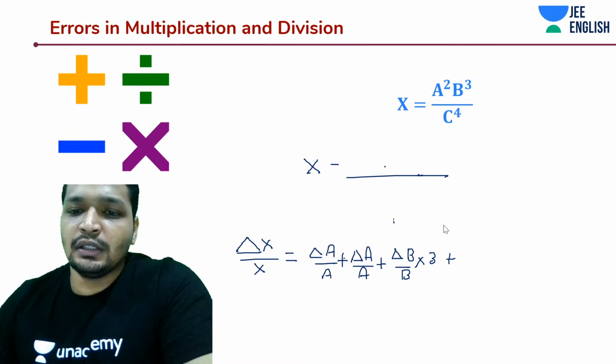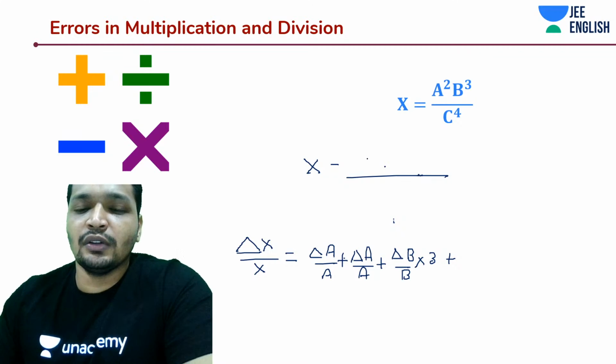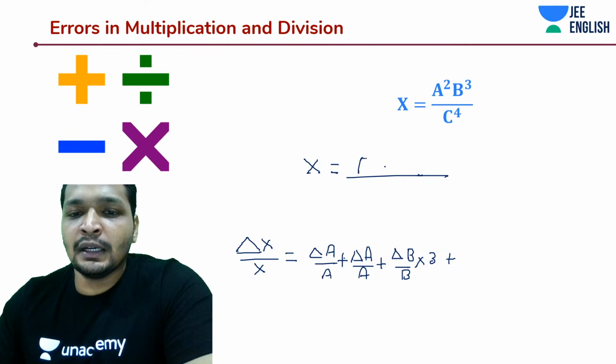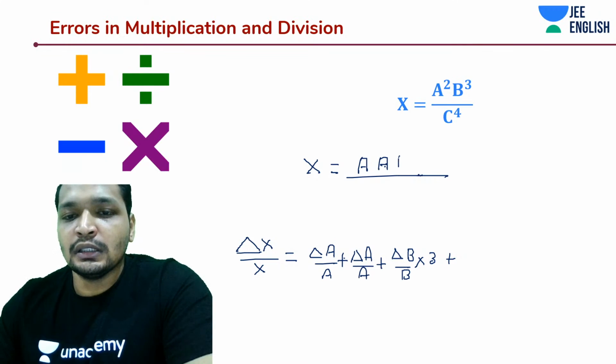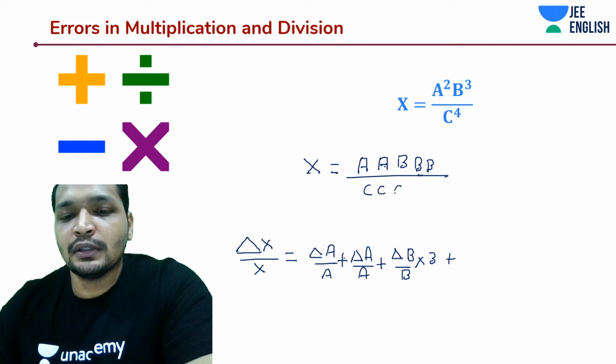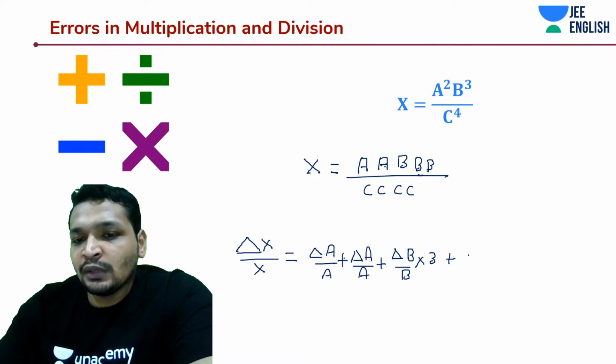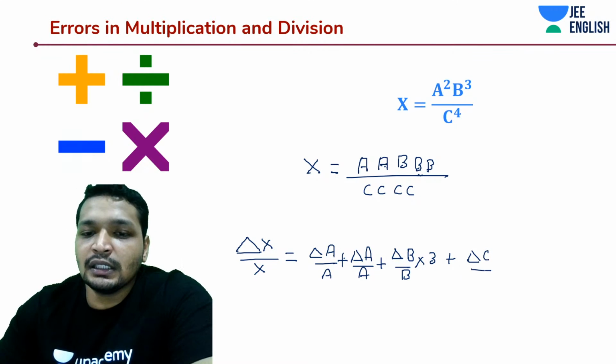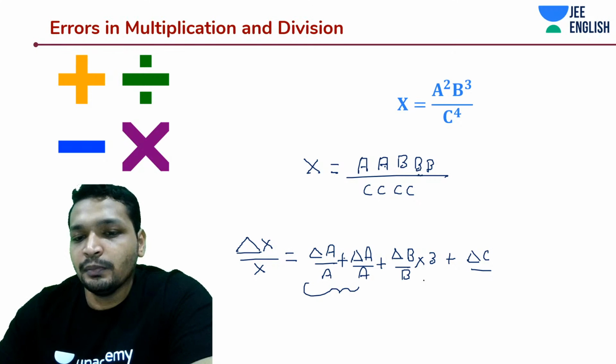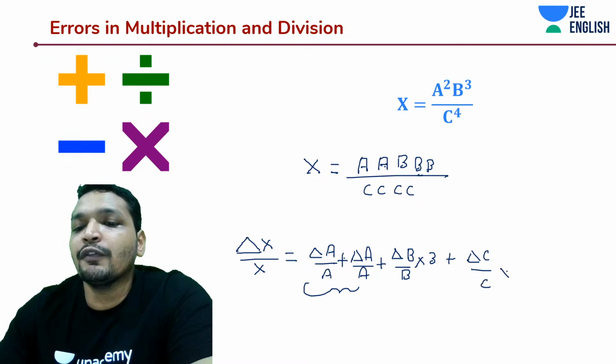A is there twice. Assume a is just a multiplicand multiplied twice. How many times b is there? Thrice. How many times c is there? 4 times. Okay. So that means again c would come 4 times like this. Just you saw a came twice, b is going to come thrice and c is going to come 4 times.